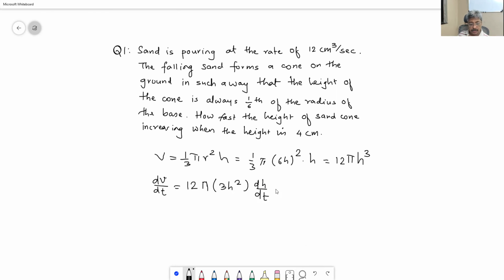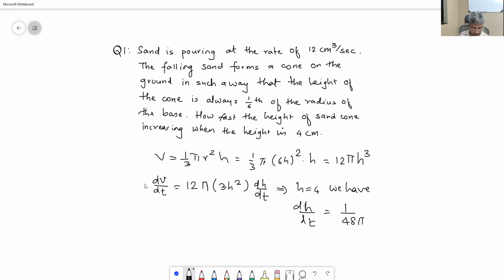If you solve this for h equal to 4, we have dh by dt is equal to 1 upon 48 pi, something like that.